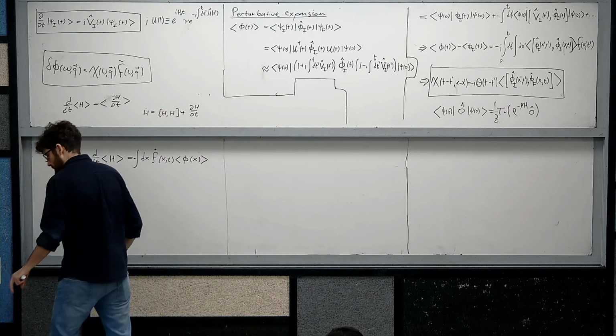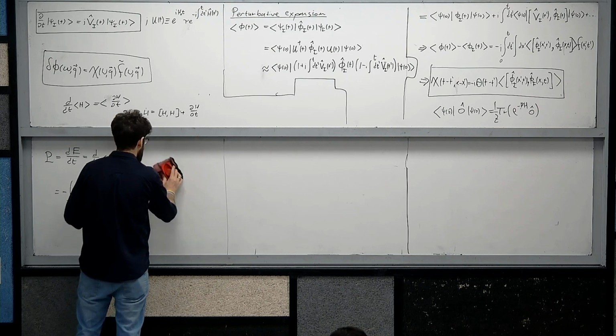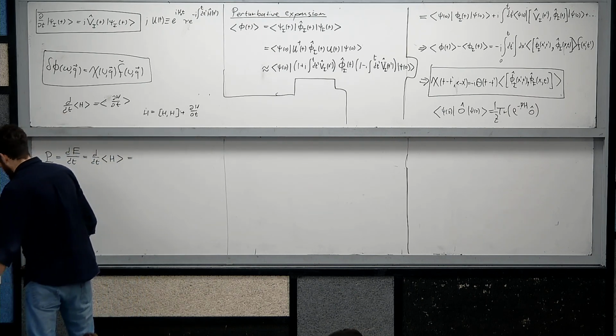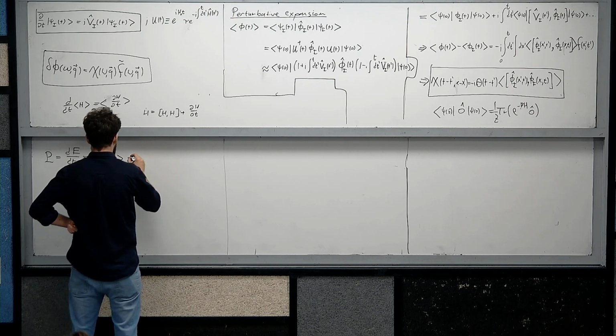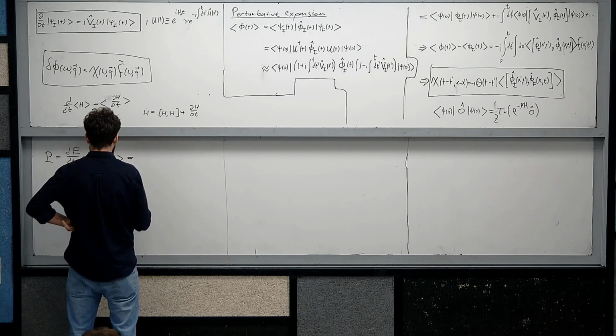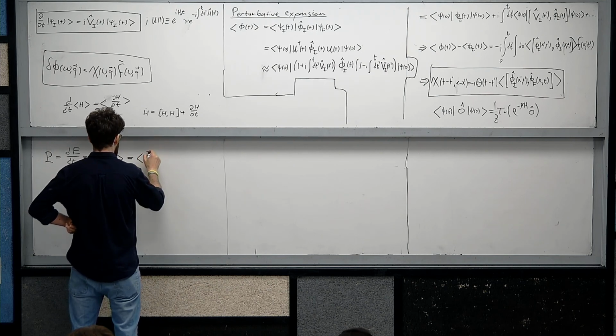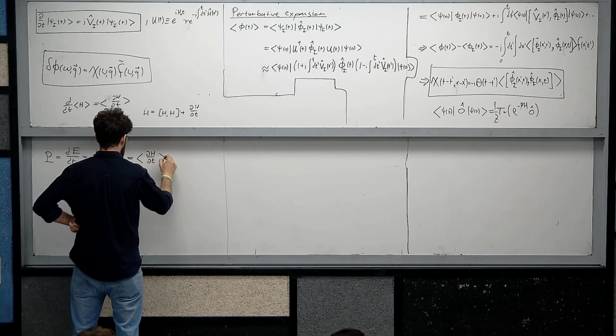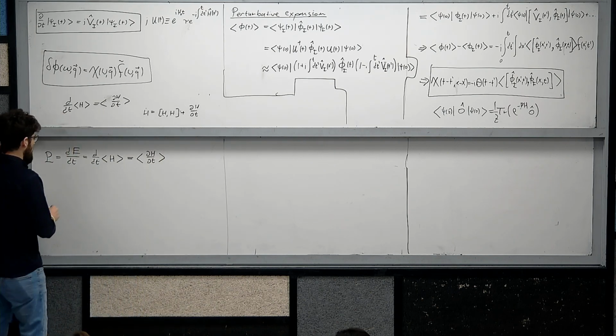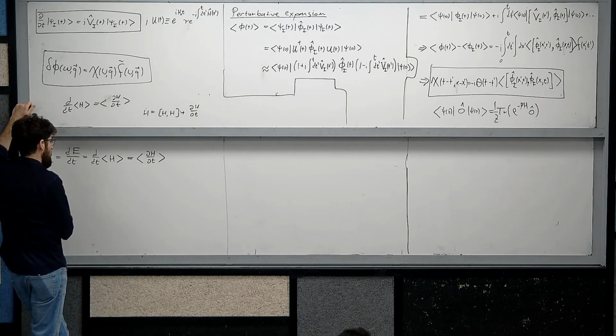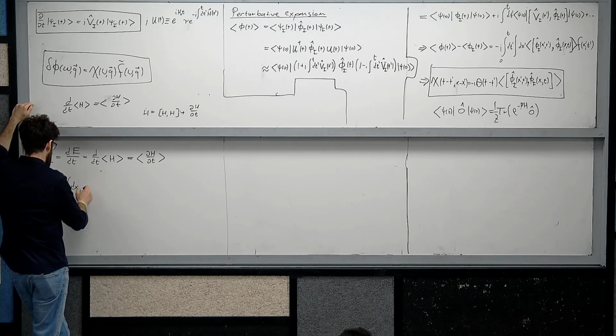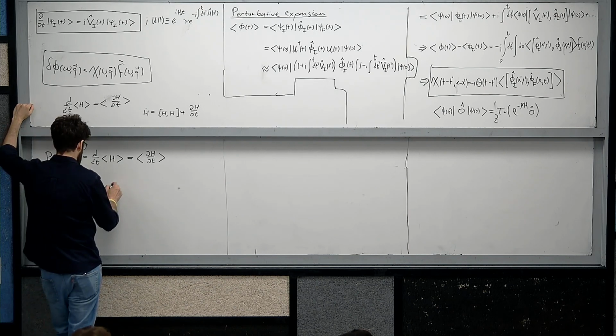So maybe let's write that properly. We're saying basically that this is equal to ∂H/∂t, and therefore we have what we said: minus the integral dx of f dot of x,t times the expectation value of phi.